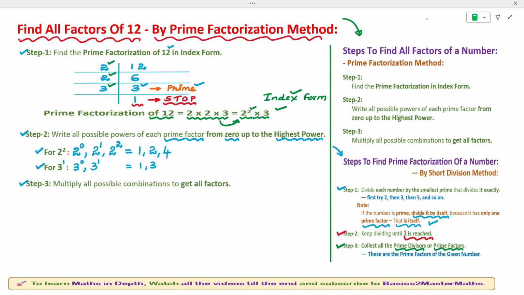Step 3. Multiply all possible combinations to get all factors.